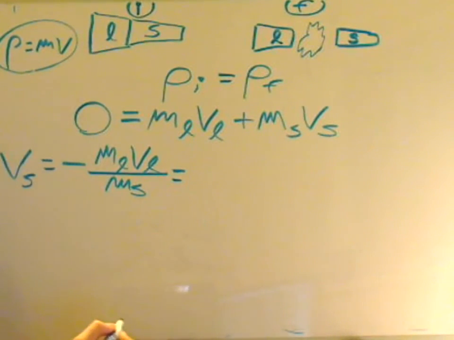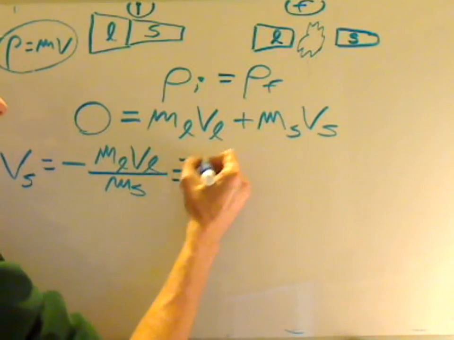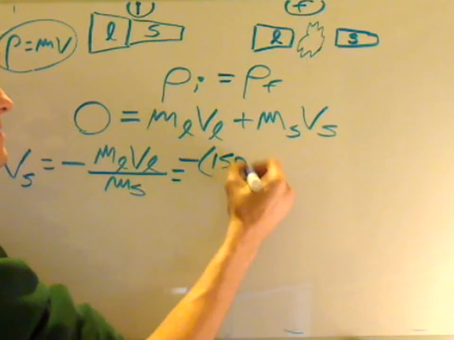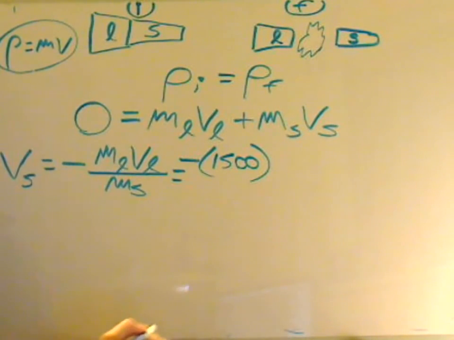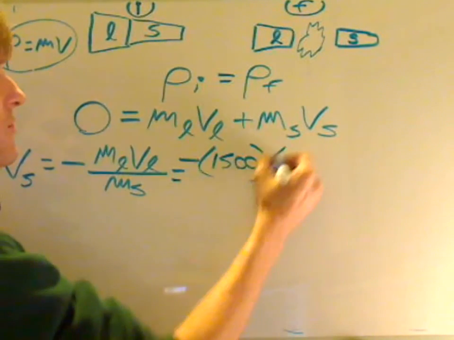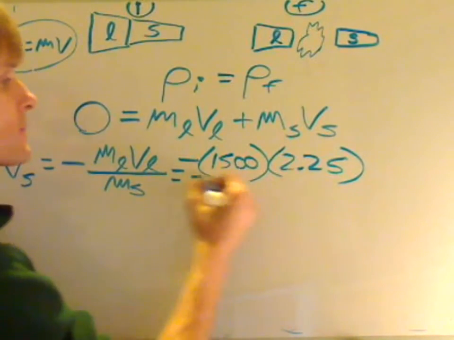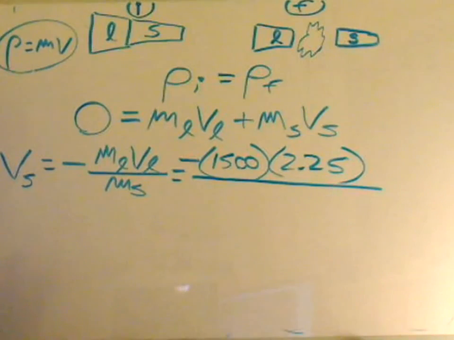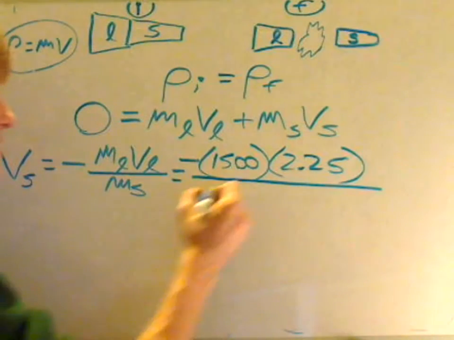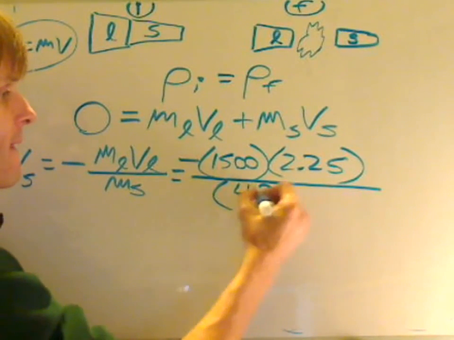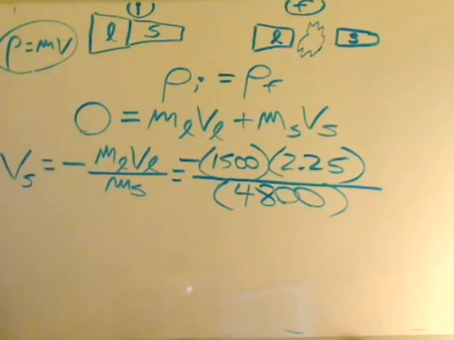So we plug in the numbers that we're given. The launcher mass is 1,500 kilograms, and the launcher moves away at 2.25 meters per second, divided by the satellite mass, which is 4,800 kilograms.